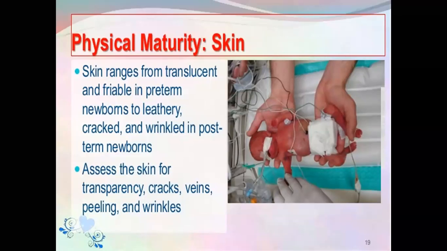Then comes the skin. The skin of the preterm is very transparent with visible veins, in contrast to the postterm babies, which used to have a cracked, wrinkled, and leathery skin. So we used to call the postterm baby as an old man look.